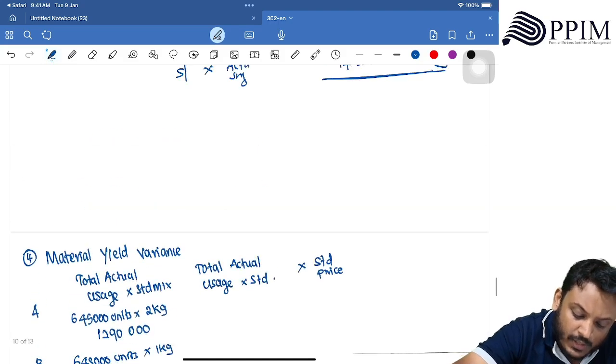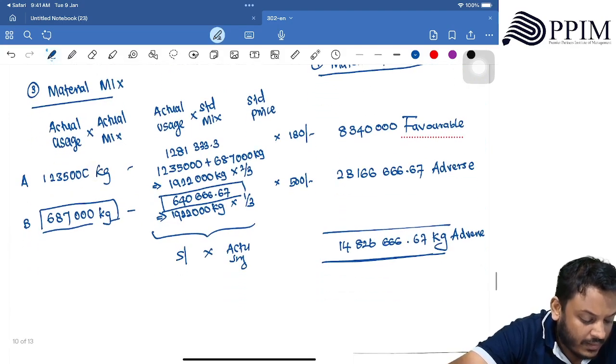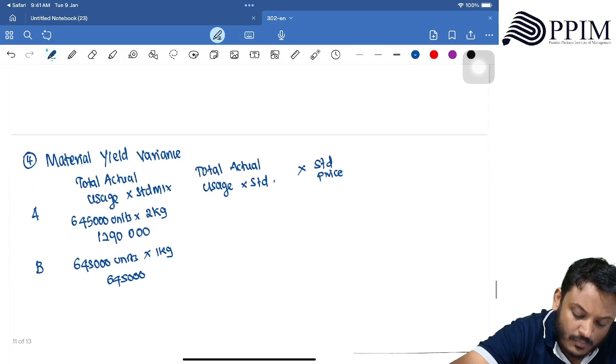Already we calculated actual usage into standard mix.